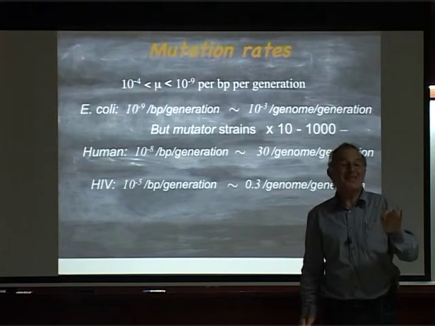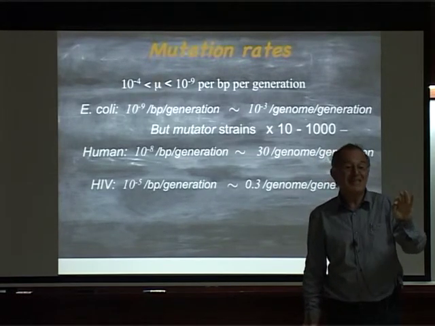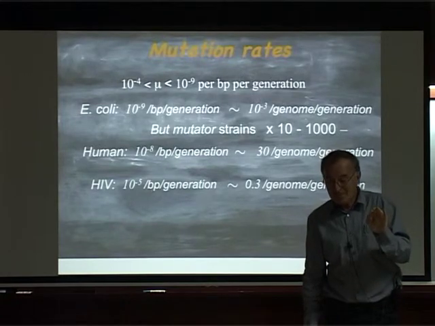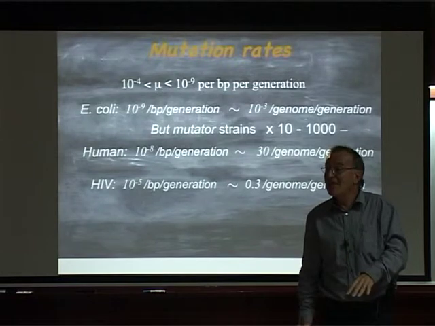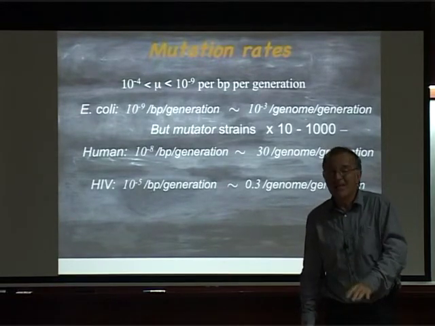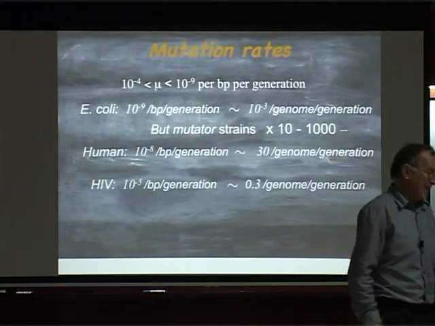In the asexual case, there'll be only one member of the population that's going to survive, if any, right? And we're going to see this on the blackboard.